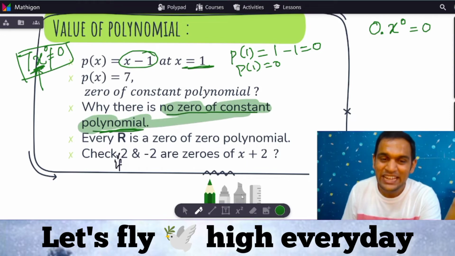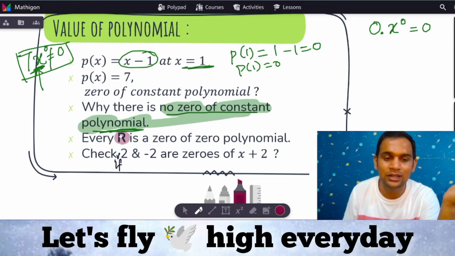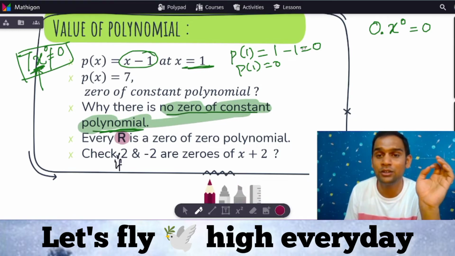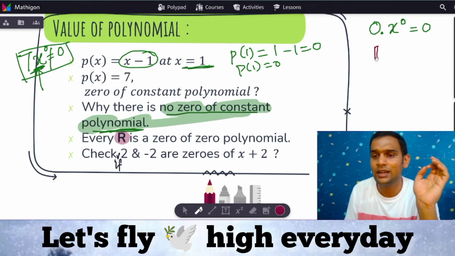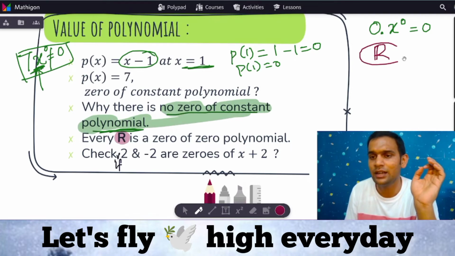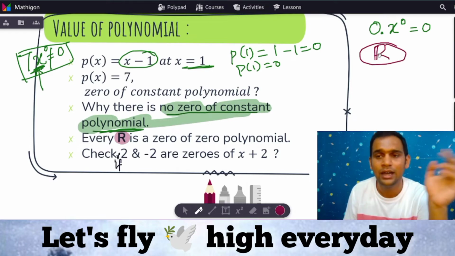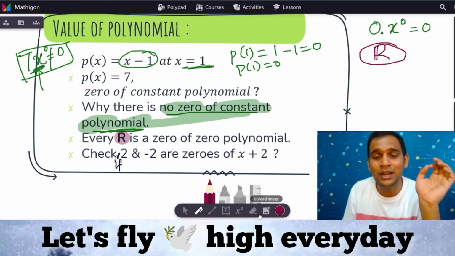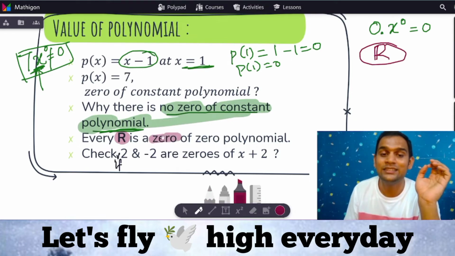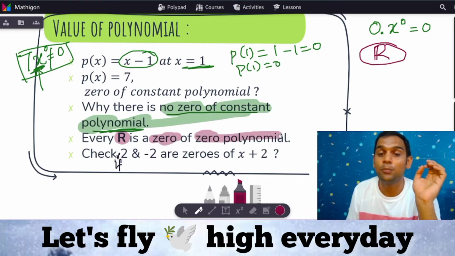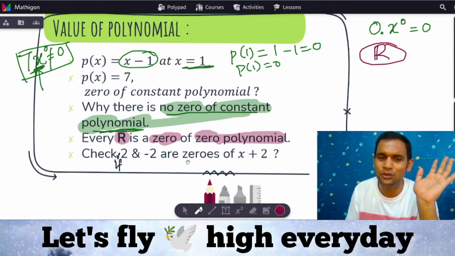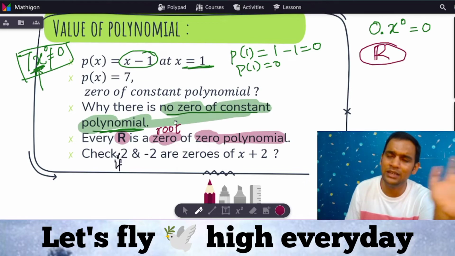That is why each and every real number, written by a bold capital R, or when you are writing it in your notebook, you can write it like this. This is the notation for real numbers, right? So every possible real number is a zero of the zero polynomial. Or, if zero is getting confusing, a root of the zero polynomial. Now root and zero mean the same thing.